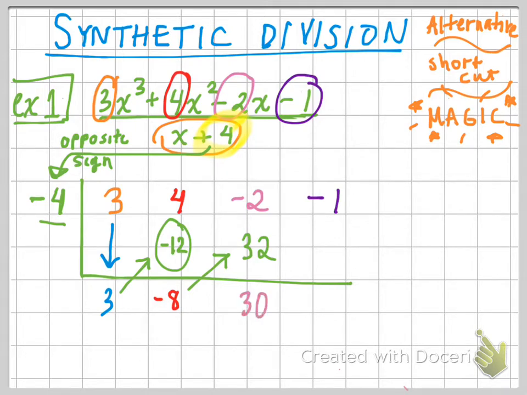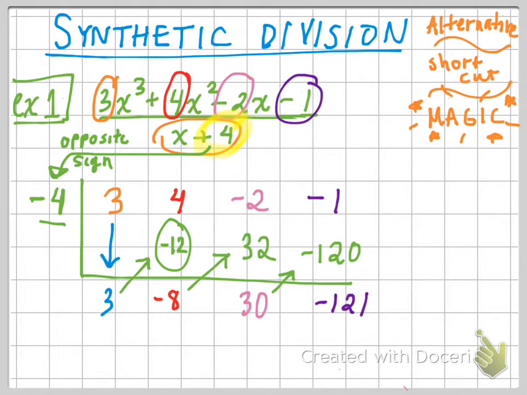And now I'm again going to multiply the 30 by the negative 4, and that would be negative 120. And my last step is to add the negative 120 with the negative 1 right above it, which would be a negative 121. Okay, and this is going to give us our final answer.